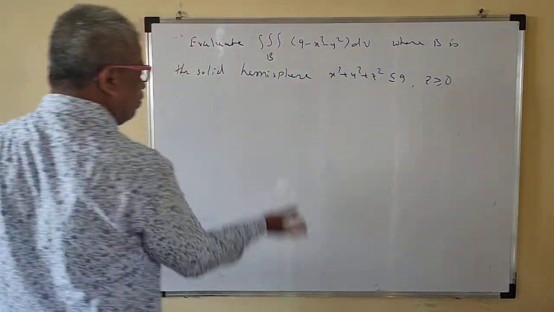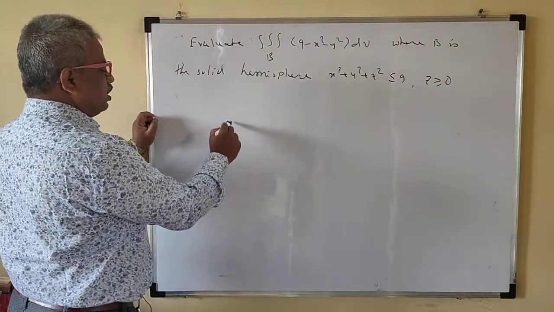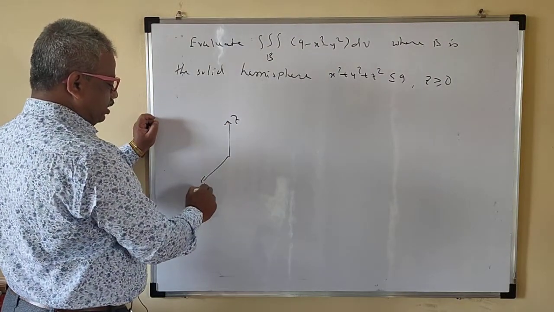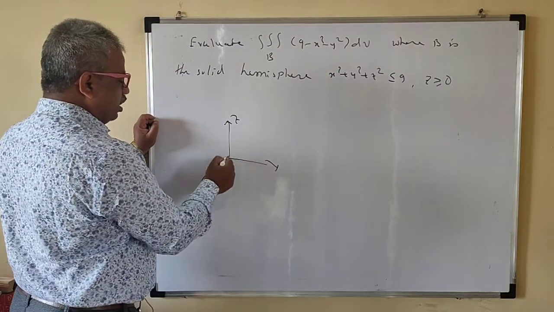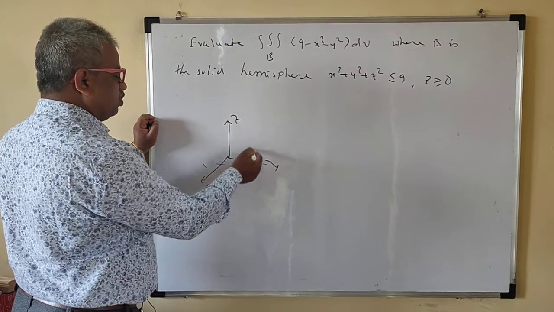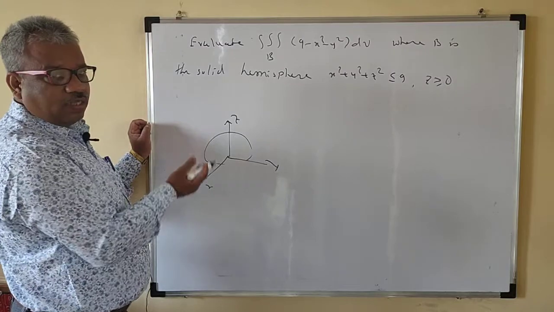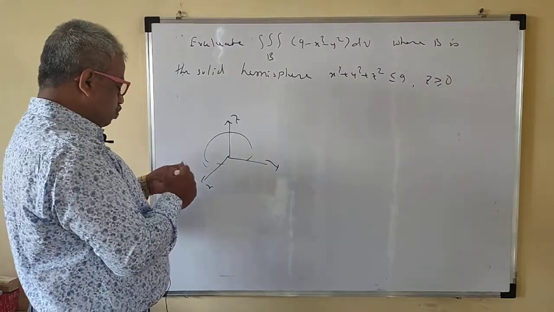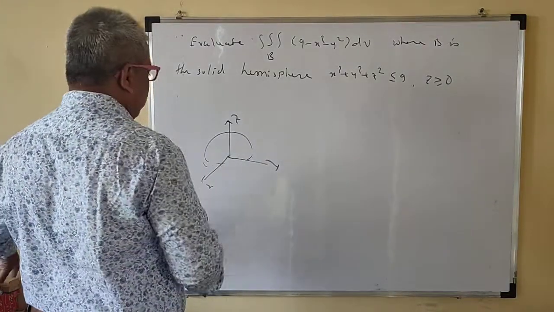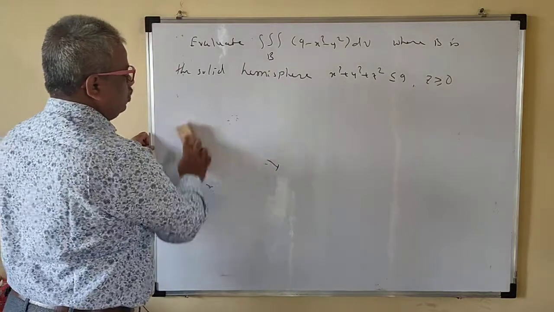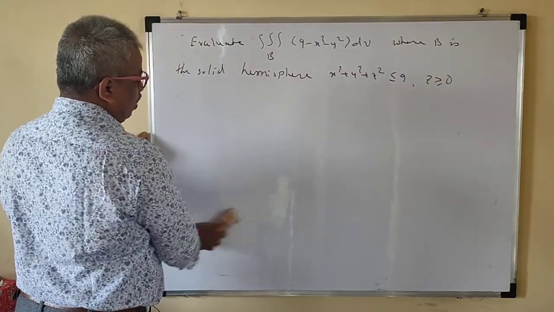Z greater than 0, what does that mean? Suppose this is your z axis, this is your x axis, this is your y axis, then the sphere is the upper part of this, above the xy plane, right? So the sphere is above the xy plane.